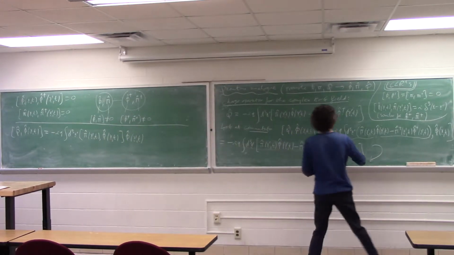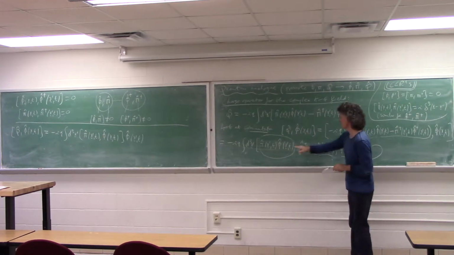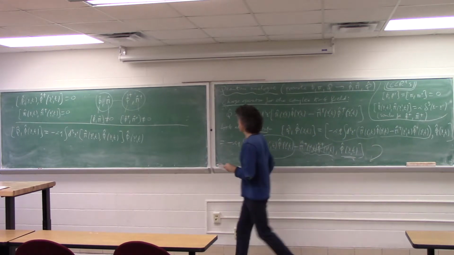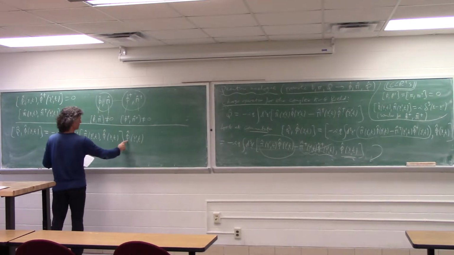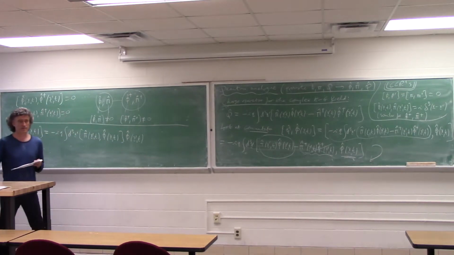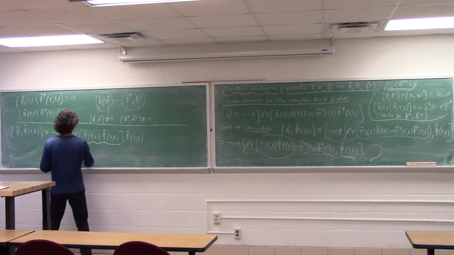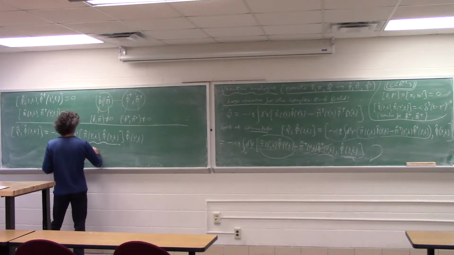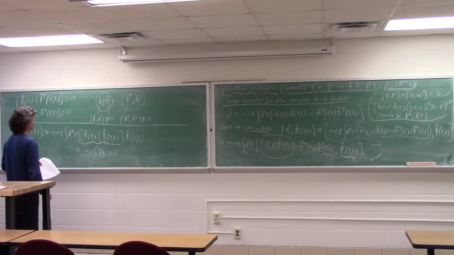I'm just taking the commutator of this with this piece, noting that phi hat at x and phi hat at x prime commute, so I just have the commutator of pi hat with phi hat, and the other term is multiplied here. And of course, what is this equal to? This is equal to minus i times the Dirac delta function, from the canonical commutation relation.